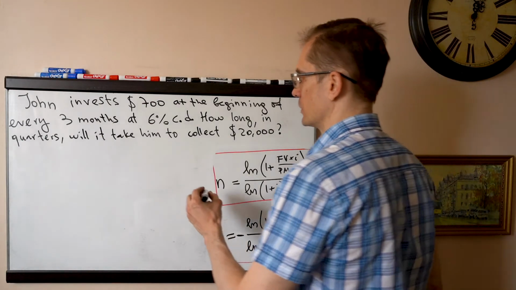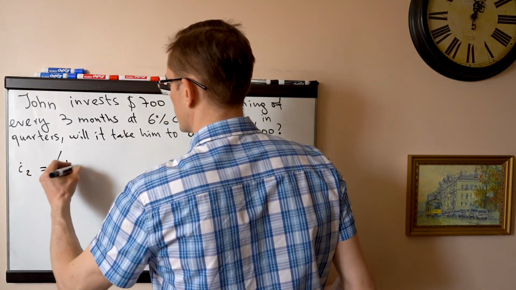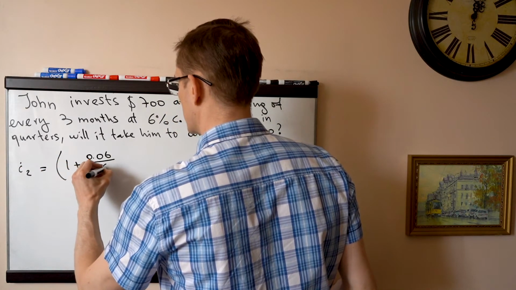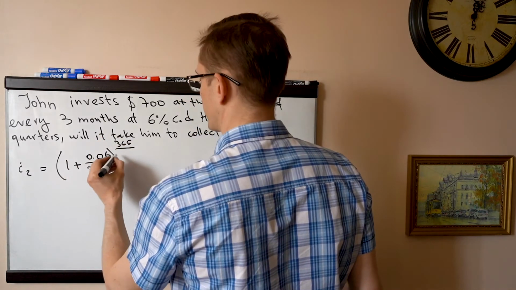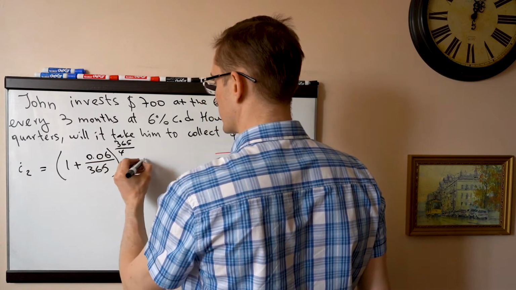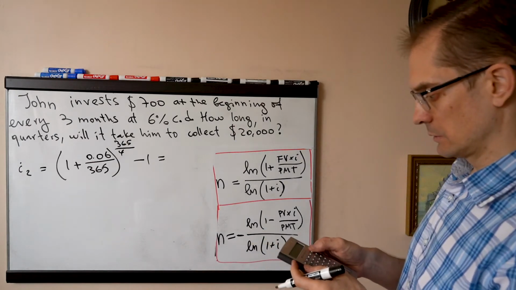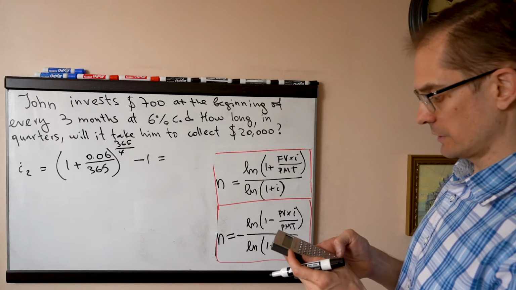That's a general annuity, therefore we need to start with finding I2 first. So (1 + 0.06 divided by 365) to the power of 365 divided by 4, because we want the quarterly rate, minus 1.